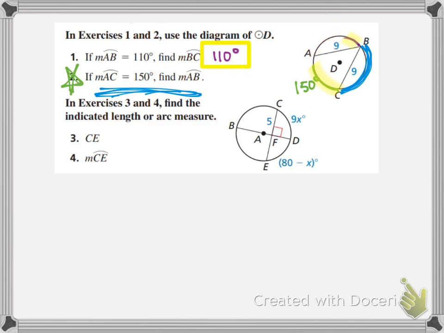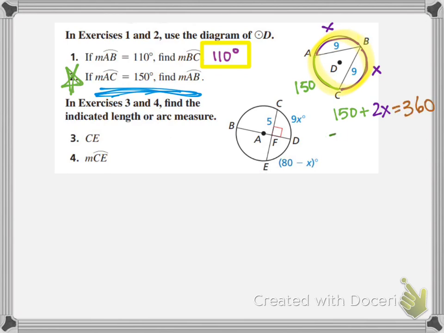Because we know that they are the same measure, because we know AB, we're calling it X, it's the same measure as BC, we could also call it X. So then we know the arcs of a circle all combined add up to 360. So we could say 150 plus X, which would make 2X, so plus 2X, will equal 360 degrees.